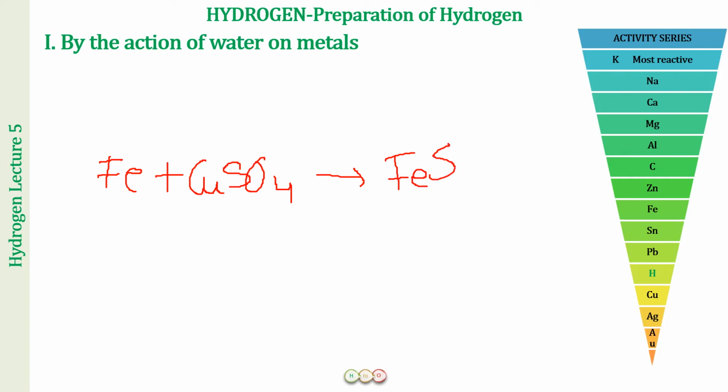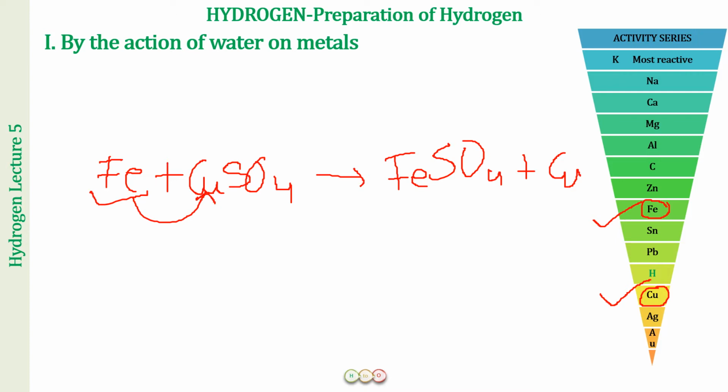What has happened here? Iron reacts with copper sulfate to form FeSO4 and copper. So iron has displaced copper from its salt solution. Comparing in the reactivity series, we find that iron is higher than copper in the activity series. So an element which is higher in the activity series can displace the element below it from its salt solution.